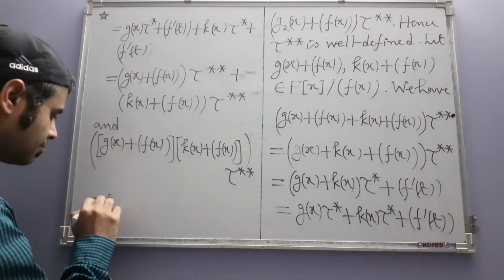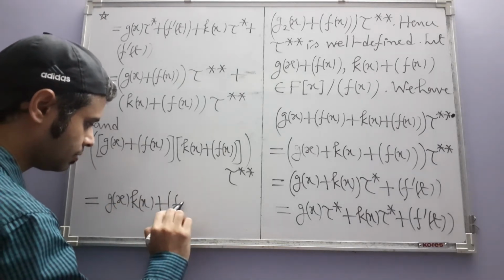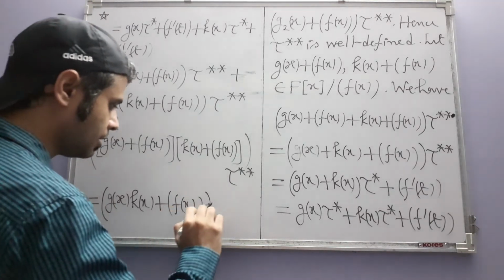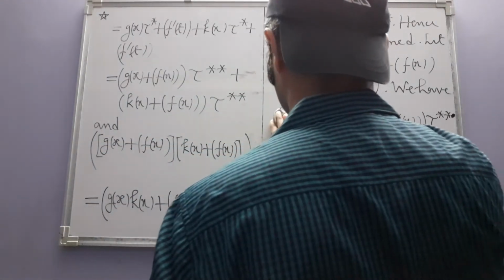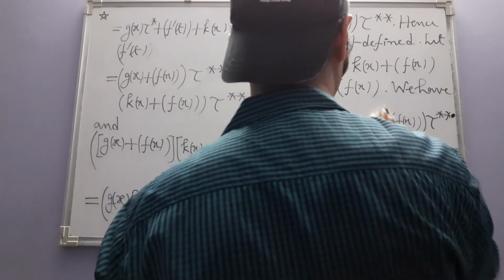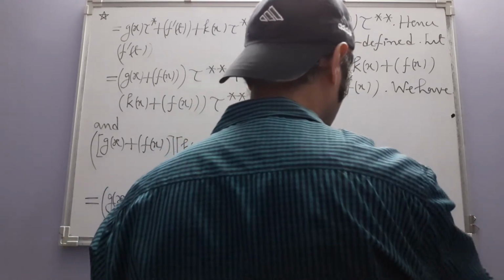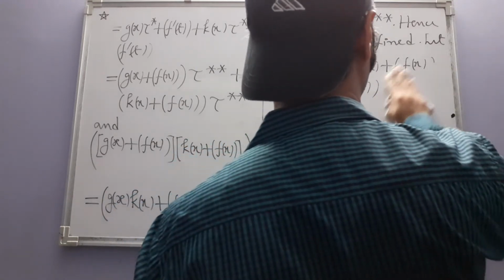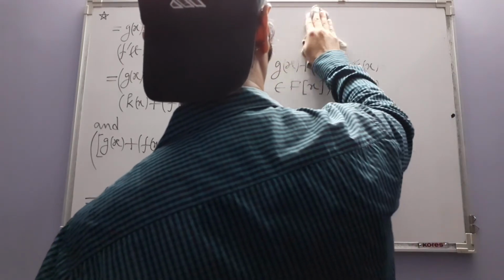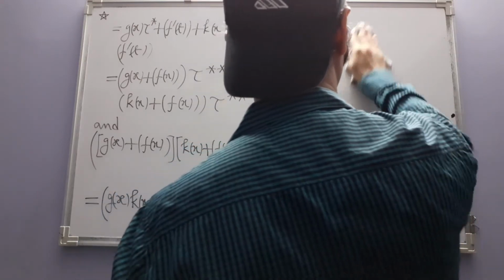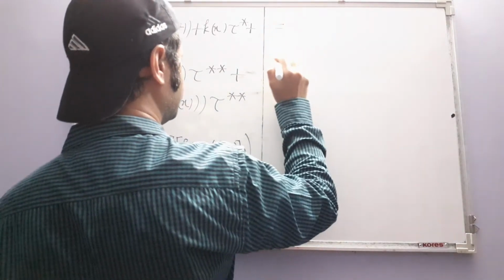So by the definition of coset multiplication, this is gx kx plus the ideal generated by fx, and on this we apply tau star star. So now we apply the definition of tau double star.